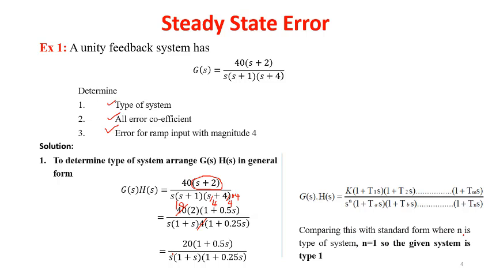Comparing with the standard form where n is the type of system, n is equal to 1, so the given system is type 1. If S was squared, then the given system would be called type 2. Here the system type is 1. So based on the power of S, we can tell the type of the system.